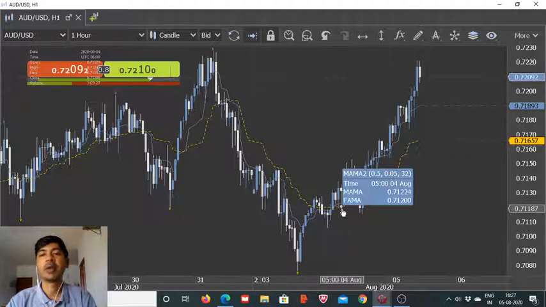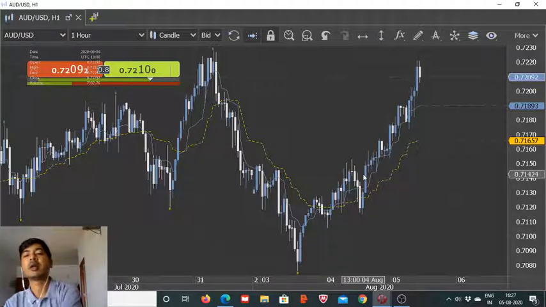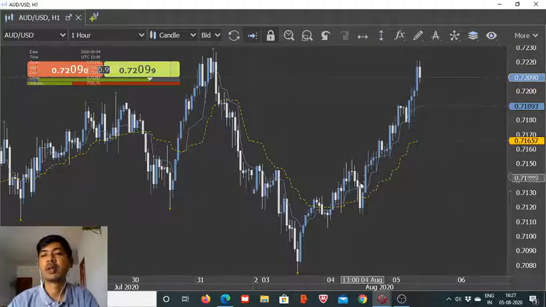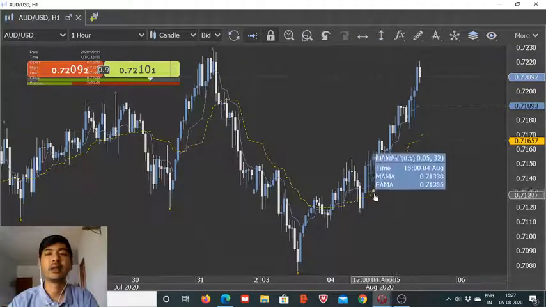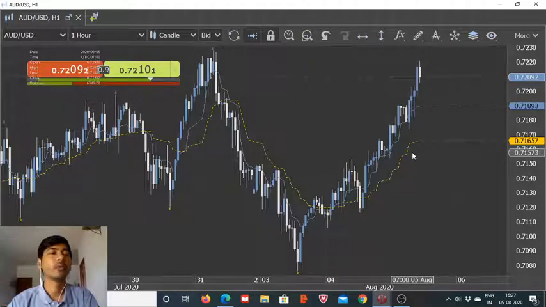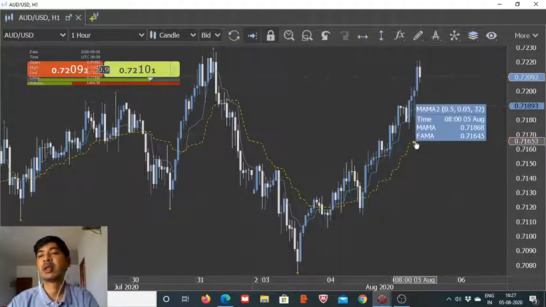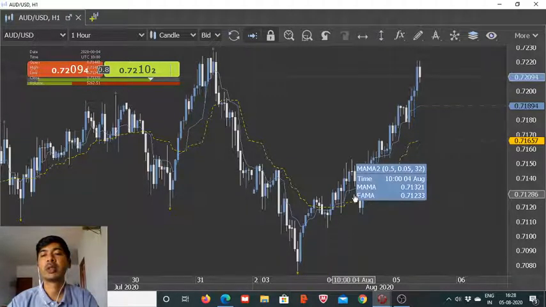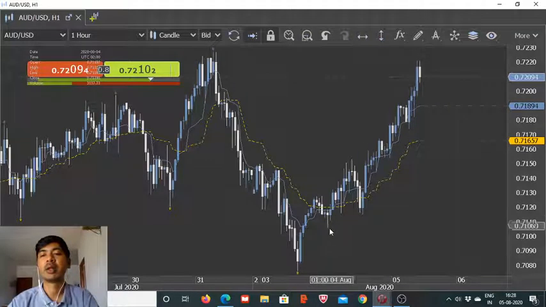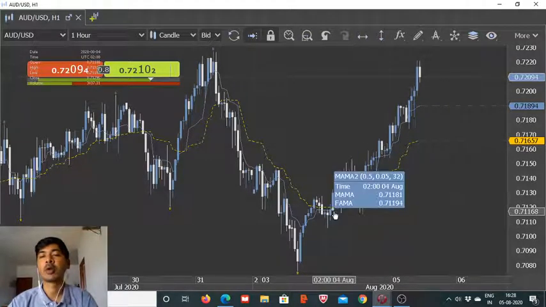Okay, so as you can see, the price action has been on the rise. It has been in the bullish phase, and that is also being reflected in this momentum, which is reflected in this combination of MAMA and FAMA, and both of these output values are on the rise, starting from this crossover.